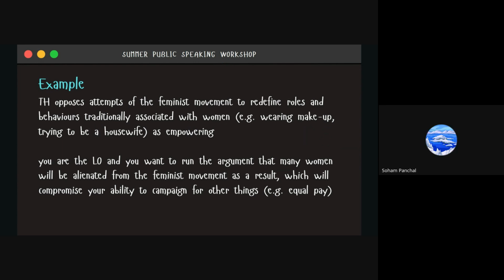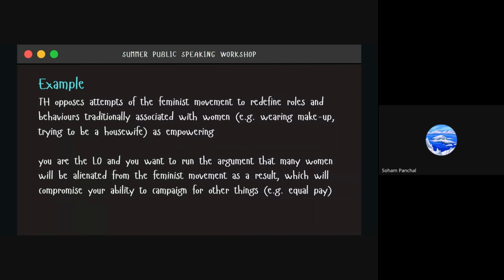No. Okay, so if the feminist movement is trying to portray not wearing makeup, not having long hair, and having tomboyish behavior as empowering, then what you have to do as the opposition is say that not many women are like that. Many women like to wear makeup or like to have long hair. Then those women will feel alienated.